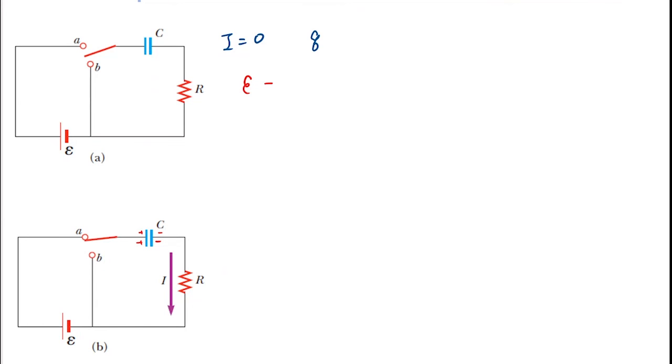Charge in a capacitor was C times your delta V. So your voltage, because that's the voltage drop that we have to calculate, happens to be Q over capacitance. So that's what we put here: Q over capacitance.